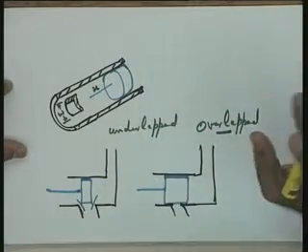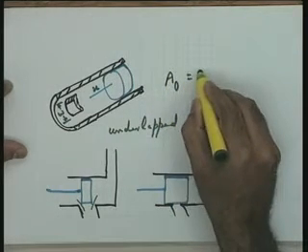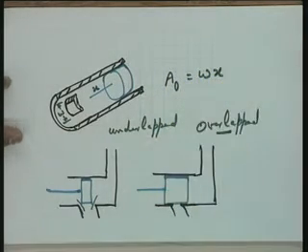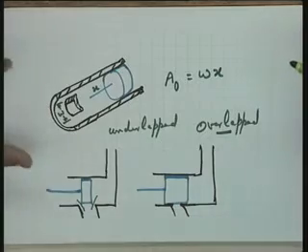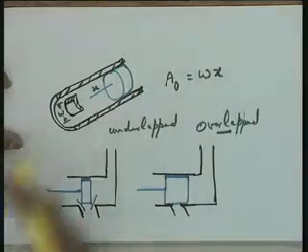The area of the port, covered or uncovered, A naught, is equal to W into x, where W is a constant. Once a particular port has been constructed, W is a constant; you are simply changing the x value.